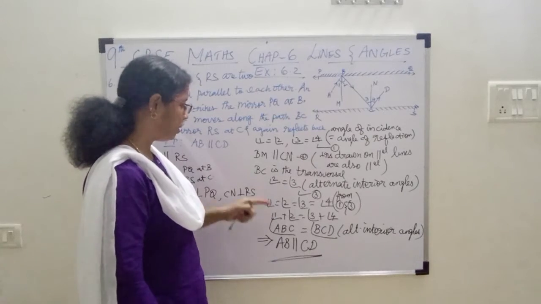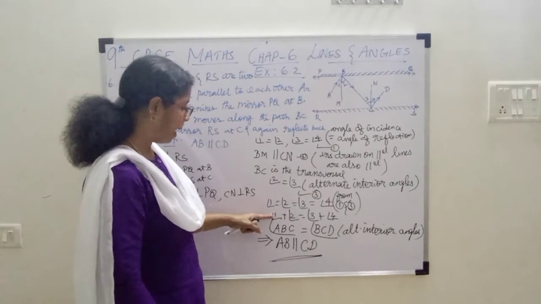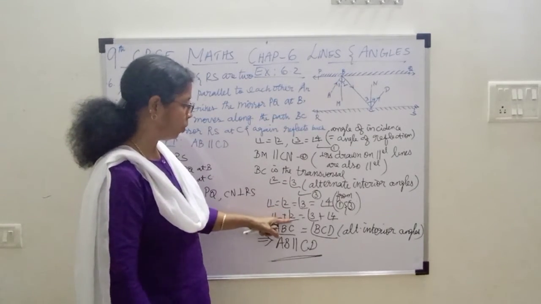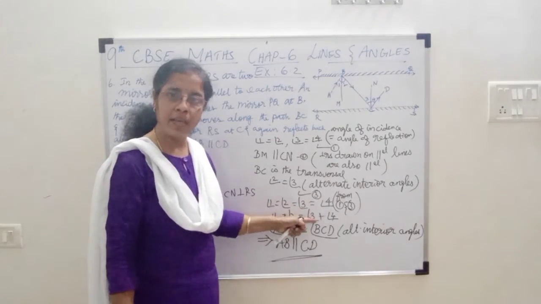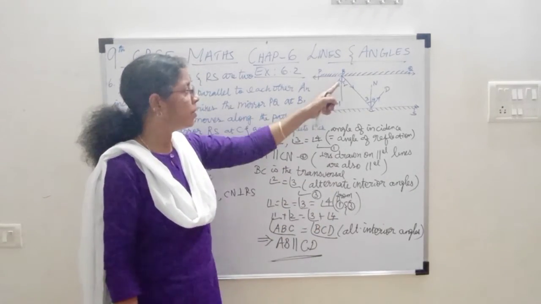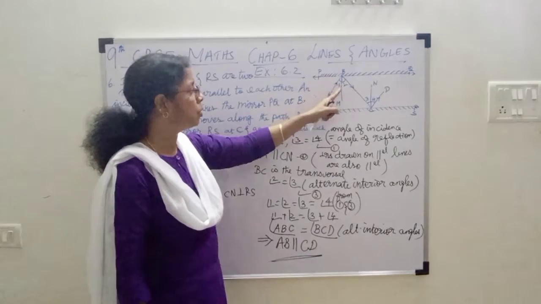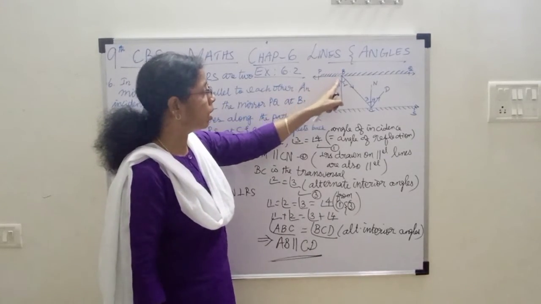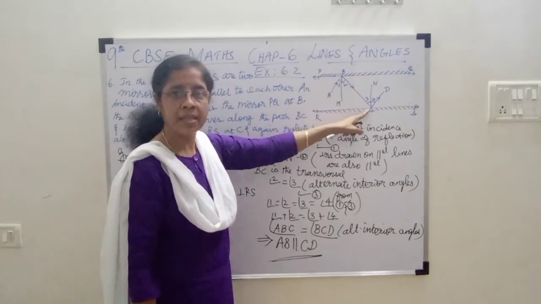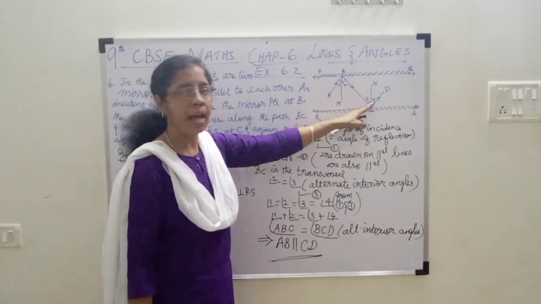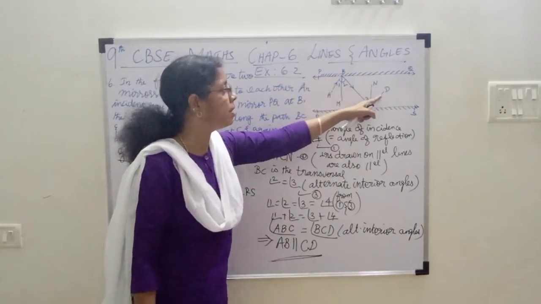Now let's add 1 and 2. If you add angle 1 plus angle 2, it is the same as angle 3 plus angle 4. See the figure: if you add angle 1 and angle 2, you have the full angle ABC. If you add angle 3 and angle 4, you will get the full angle BCD.